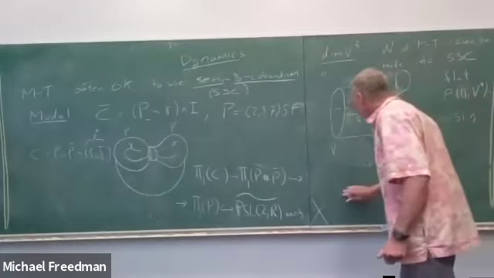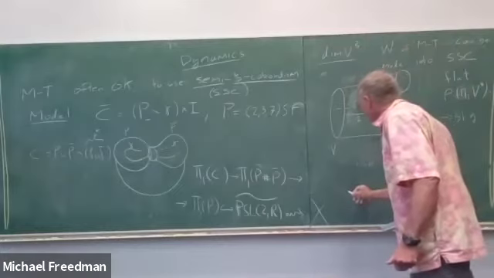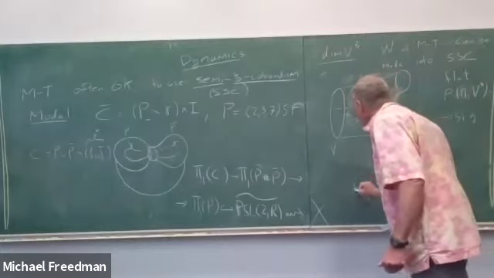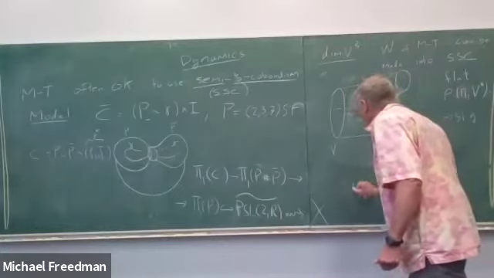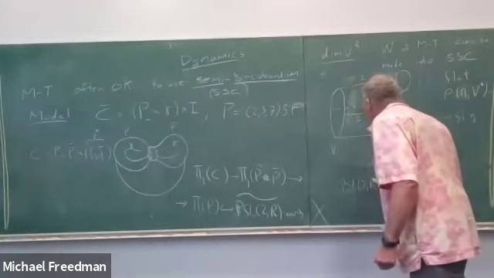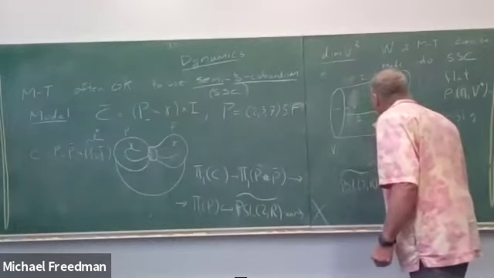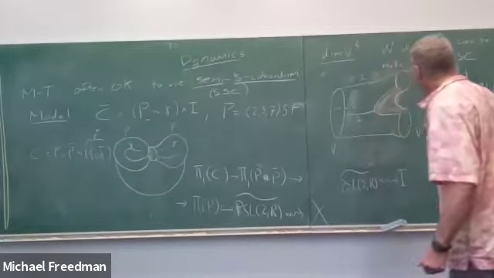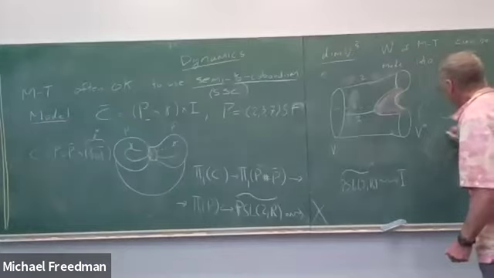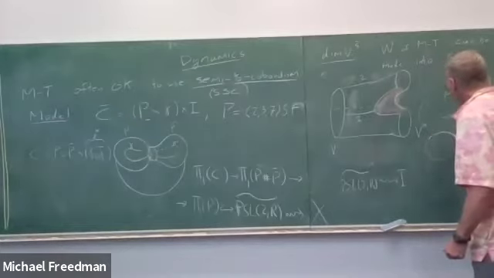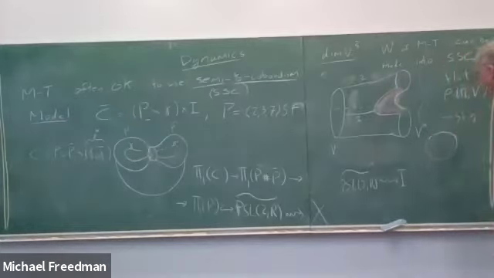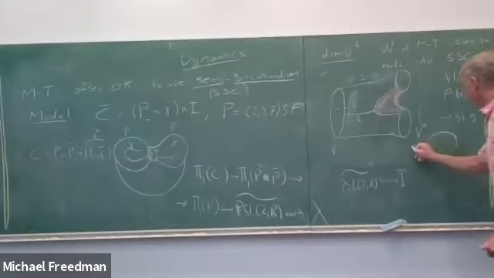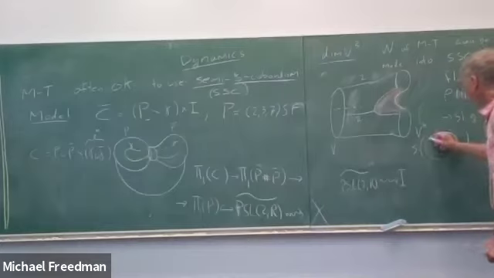Where I left matters is I had the group PSL2R twiddle acting on a closed interval. But I can embed the closed interval as an arc of a circle, and then I can suspend the circle to get a two-sphere.